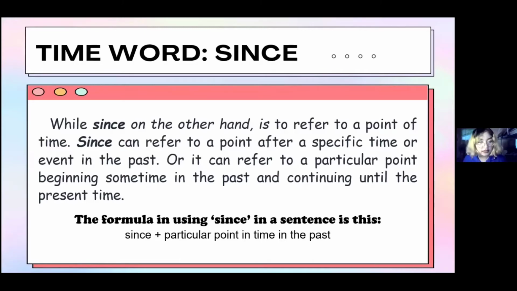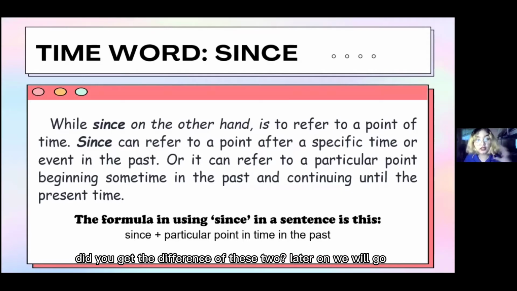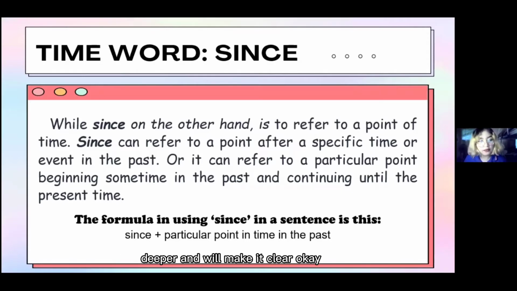Did you get it? A while ago we talked about for, from the beginning of the period to the end of the period. And now, from a particular point continuing up until now. Did you get the difference of these two? Later on, we'll go deeper and make it clearer.